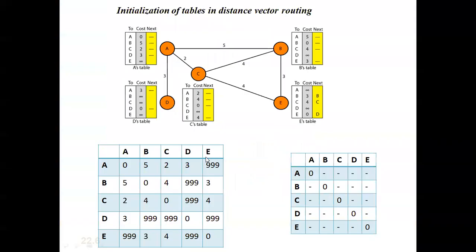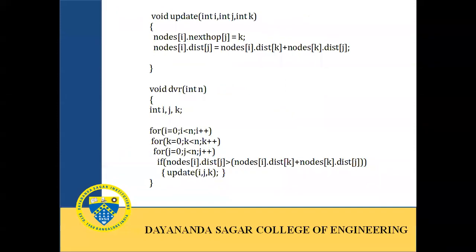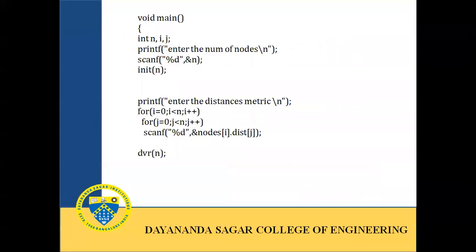Once it is initialized, we collect the initial metrics from the user in the main function. See, in the main function, first we'll collect the number of nodes and then the distance matrix.